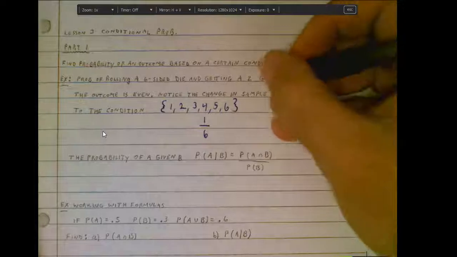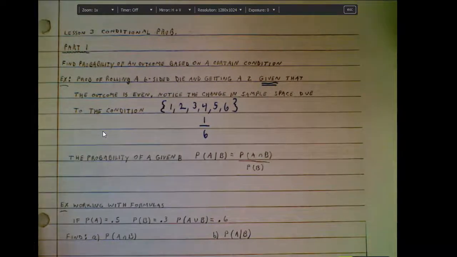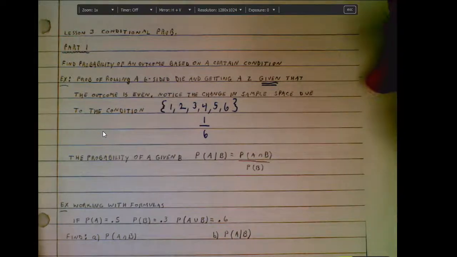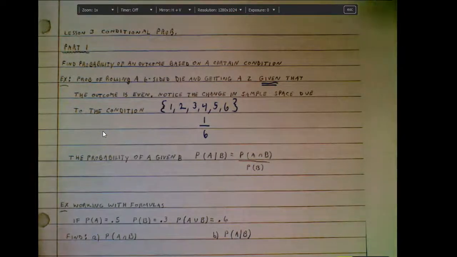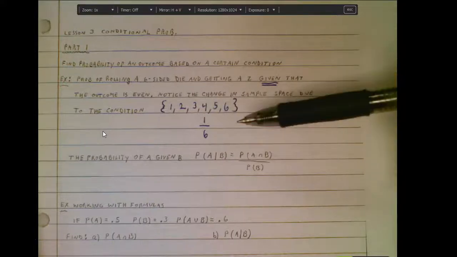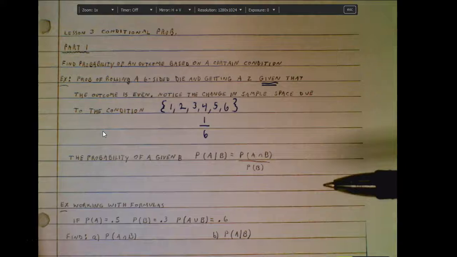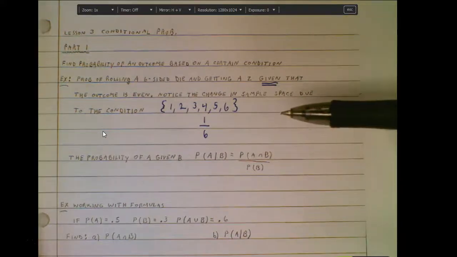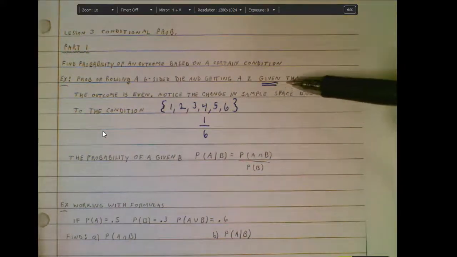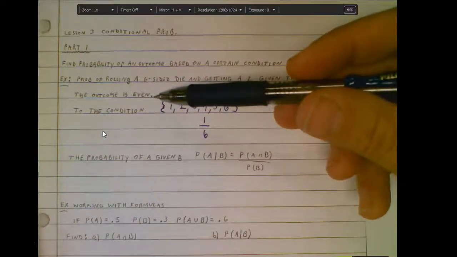But you're going to see today, we're going to be given some additional information that's going to change the probability, because if I give you more information, you may not have to look at all 6 cases. It might change what you get to look at and actually make the probability greater for something happening. So in this case, it says, given that the outcome is even.